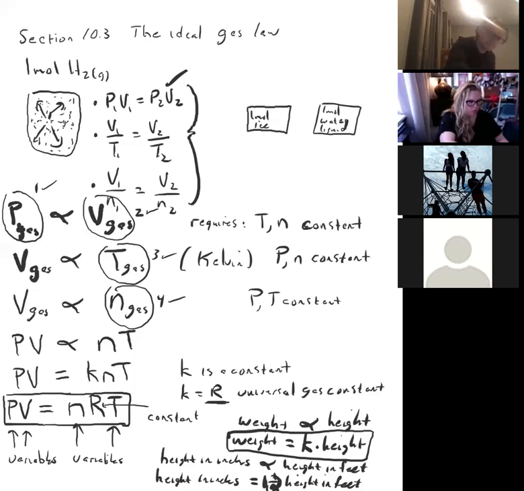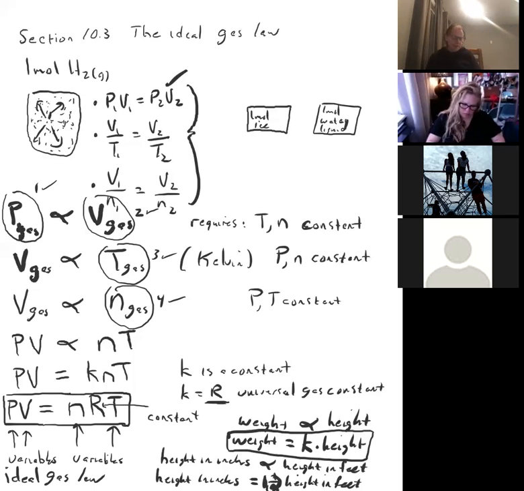Okay. This equation altogether is referred to as the ideal gas law. And the term ideal has a deep meaning.